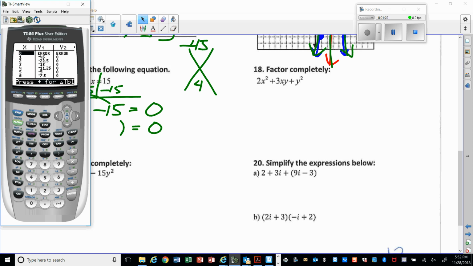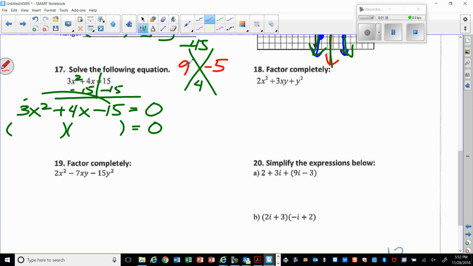I'm going to look at my table over here. Oh, I've got a negative. So there we go. The 1 is my flag, so 9 and negative 5. 9 and negative 5 multiply to be negative 45, and they add up to a positive 4.